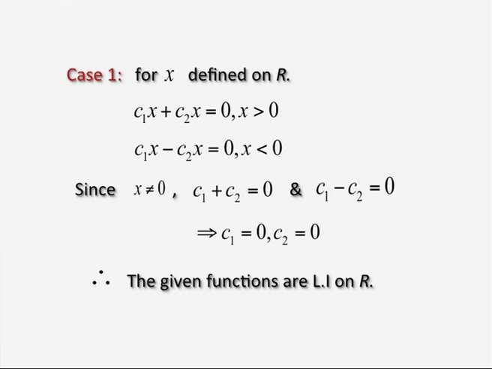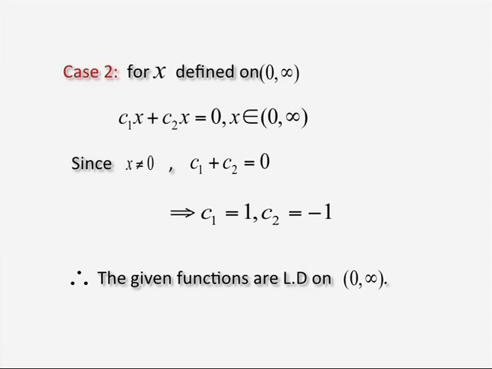We know that x is not equal to 0, so from both equations C1 plus C2 is equal to 0, C1 minus C2 is equal to 0. Now we have to solve both equations. After that we get C1 and C2 both zeros. Then we can say the given functions are linearly independent.